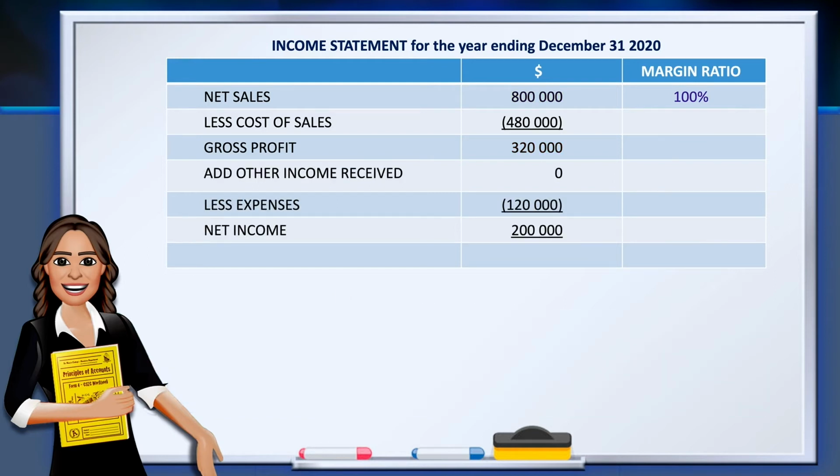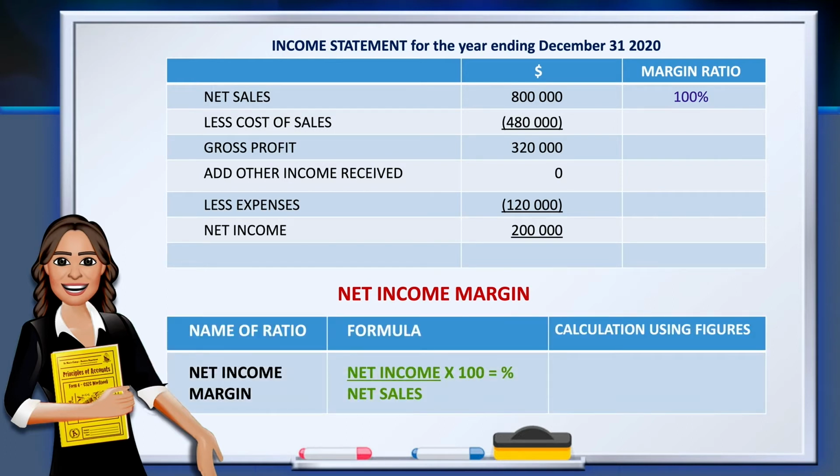Now to calculate your net income margin, you would use the formula, which is net income over net sales by 100. You will have your figures there. Net sales is 800,000. Net income is 200,000. So when you plug it into your formula, you will get your answer as 25%.